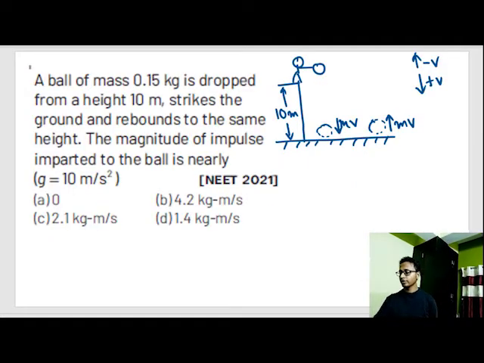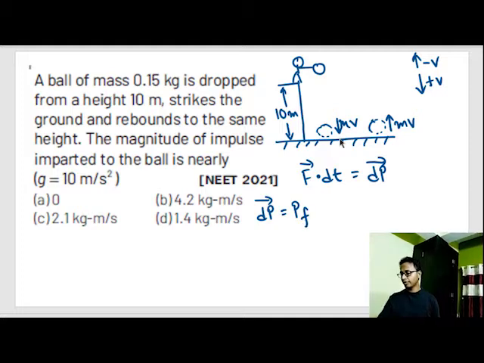So F dt, or the force applied by the ground for the very small interval of bouncing back, is equal to the change in momentum, or final momentum minus initial momentum.